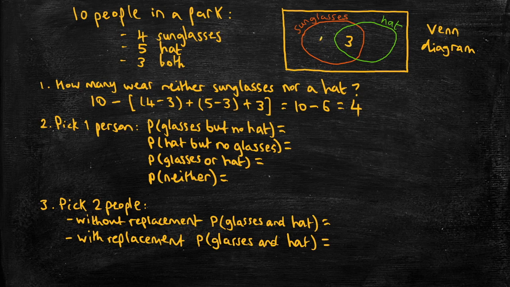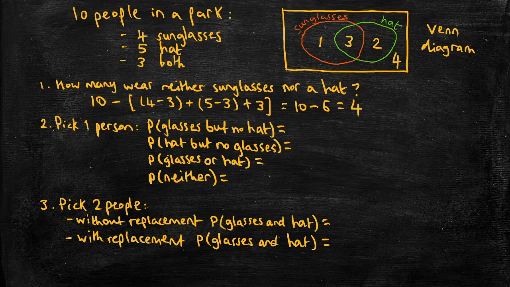So there must be 1 person here. And then the hat people in the green circle, we need 5 people in total. 3 of them are in the overlap, and so there must be 2 in this section. And seeing as we've got 10 people in total, and we've accounted for 6 of them, there must be 4 people outside the 2 circles. And those are the people wearing neither sunglasses nor a hat.